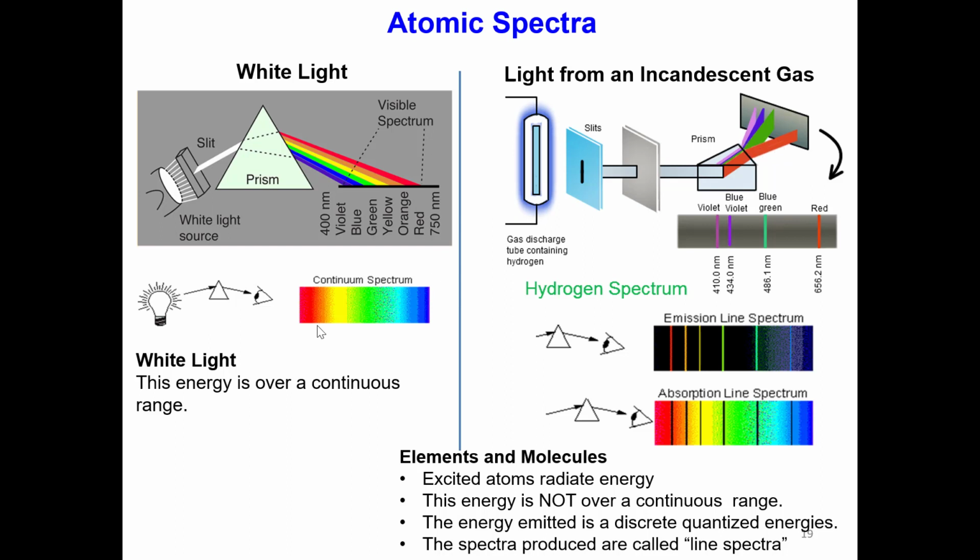It's not continuous like the white light. We see some particular lines, and these lines correspond to the energy emitted by the electrons when they move from one orbit to another orbit. In this case, if we have hydrogen, these are the colors, these are the radiations allowed for the electrons.